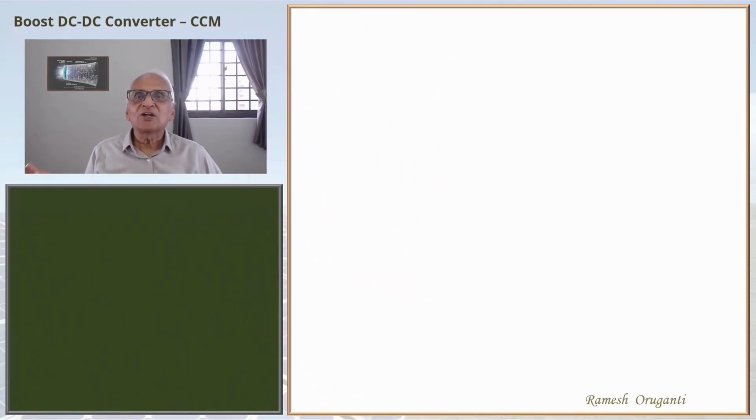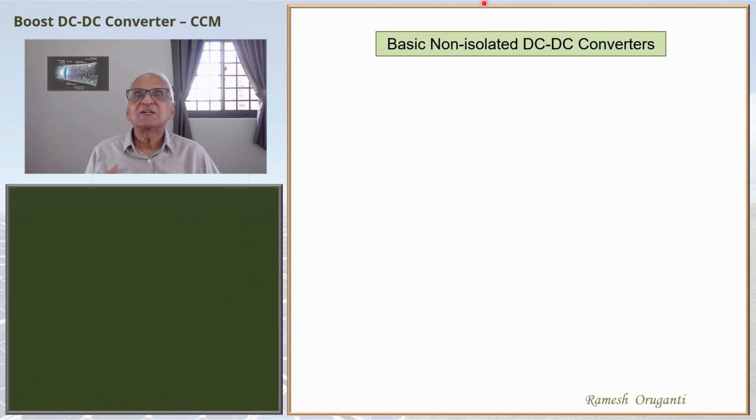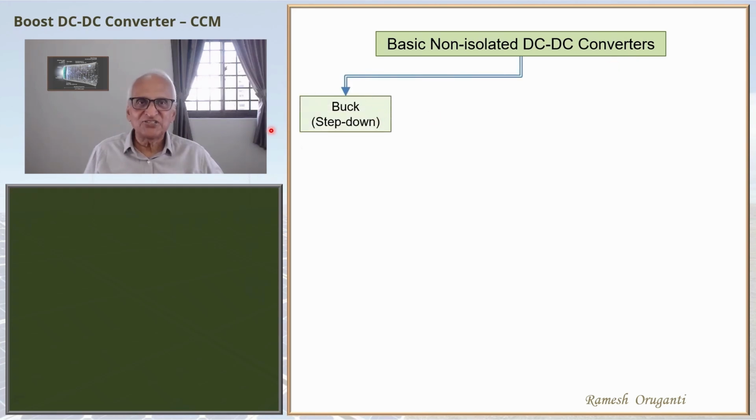There are four converters which may be considered basic converters in power electronics. One, buck converter or step-down DC-DC converter. The second is the boost DC-DC converter, which we are going to go through in this video and a few of the subsequent videos.